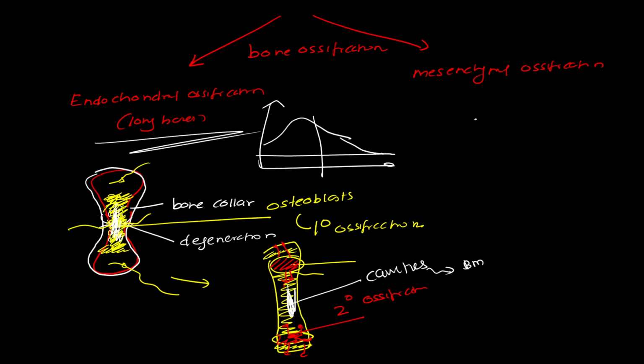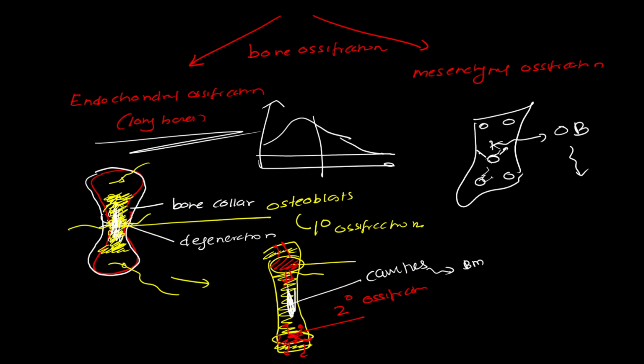But when it comes to flat bones, usually there are these mesenchymal regions. From the mesenchyme, you would see the proliferation of mesenchymal cells to form osteoblasts. The osteoblasts are involved in production of new bone tissue, and this has a periosteum as well.